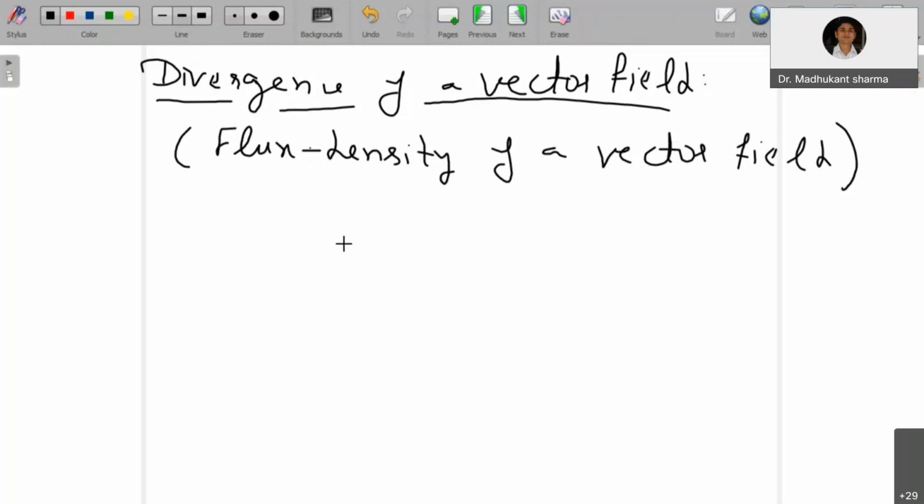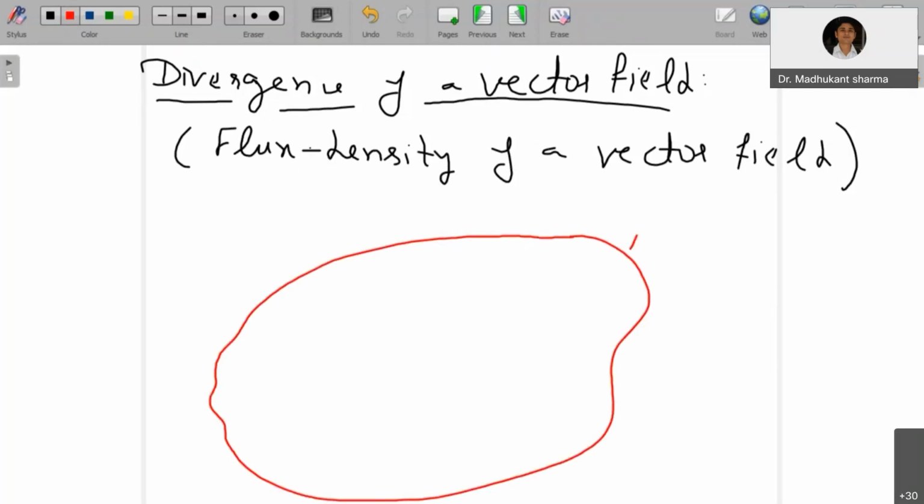To understand that, let's look at a very simple geometry. Let this be a region R, and you want to interpret the divergence of a velocity field at the point x comma y.